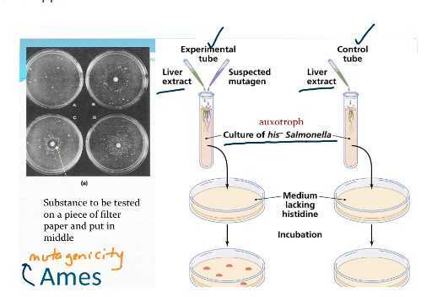So that's a culture of salmonella that does not have the ability to synthesize histidine. The difference between the experimental and the control is the suspected mutagen. We want to know if this particular product causes mutations, so it is added to the experimental tube, whereas the control tube does not have that added.